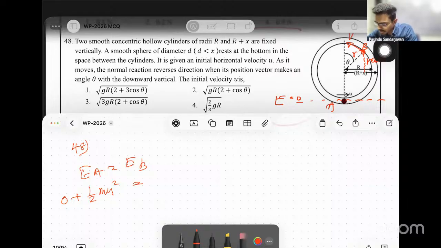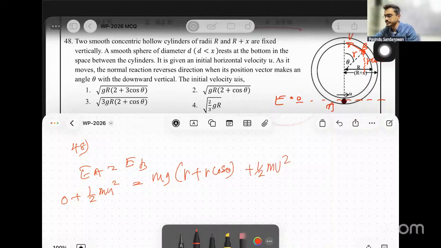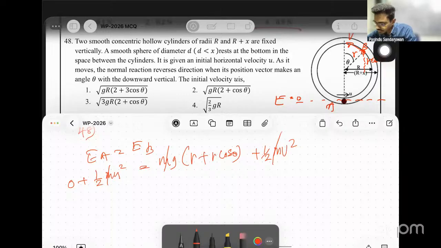And at B, there's a potential energy mg times the total height from my zero level, which is r plus the above part r cos theta, plus there's a kinetic energy also half m v squared. Then m is common, m cancels off. Then multiply the entire equation by 2.